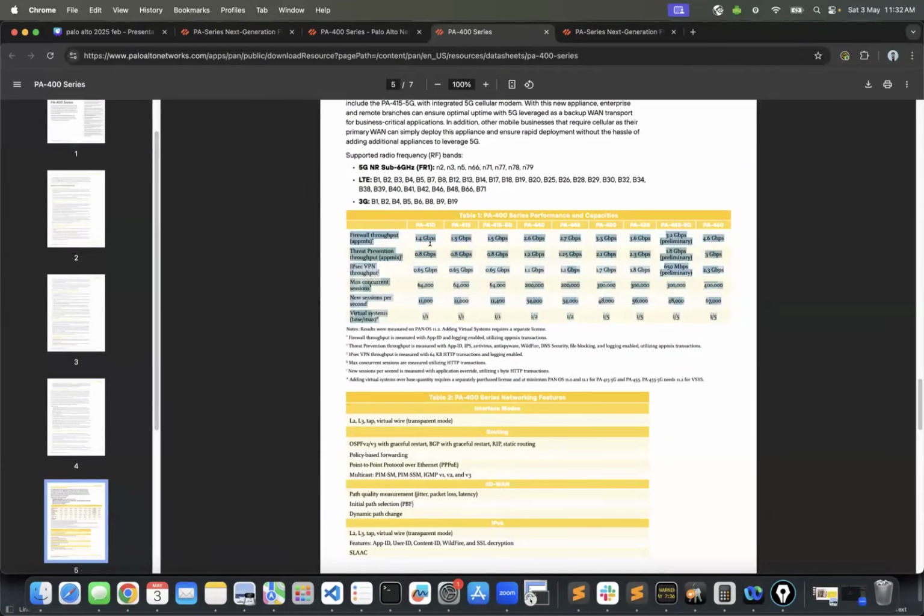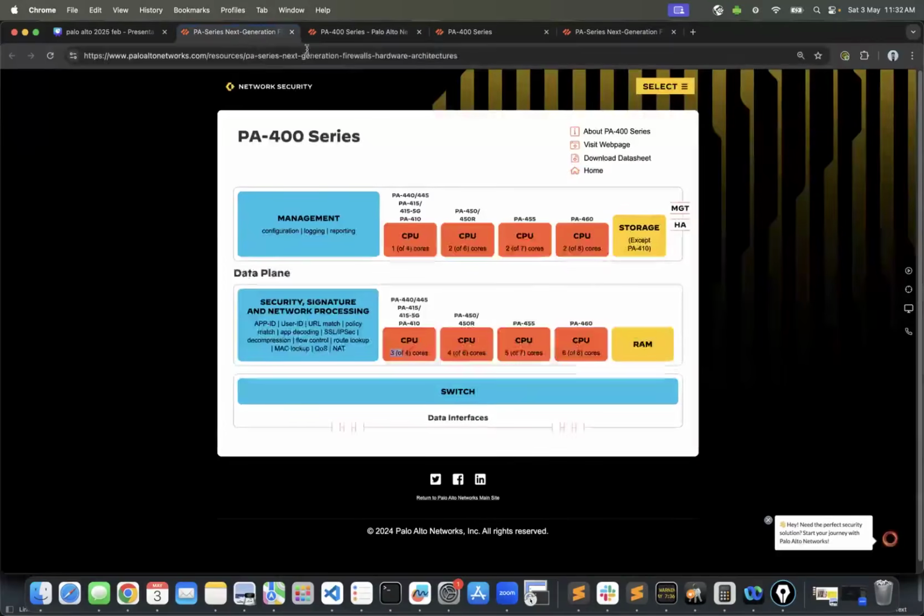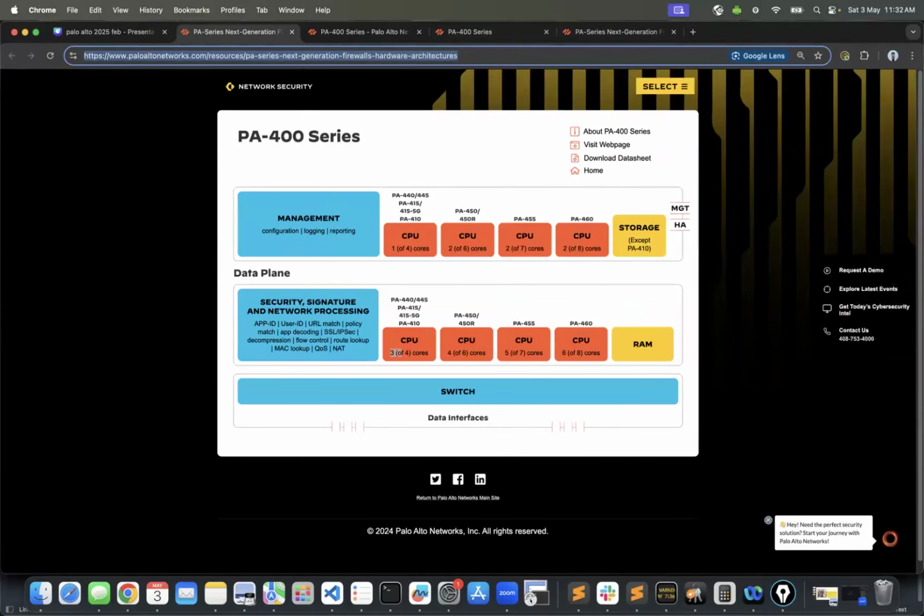So based on your requirement, whether it's your data center firewall or small branch firewall, you should be able to decide among the P series or PA series firewalls which firewall you can choose. That is the technical thing.